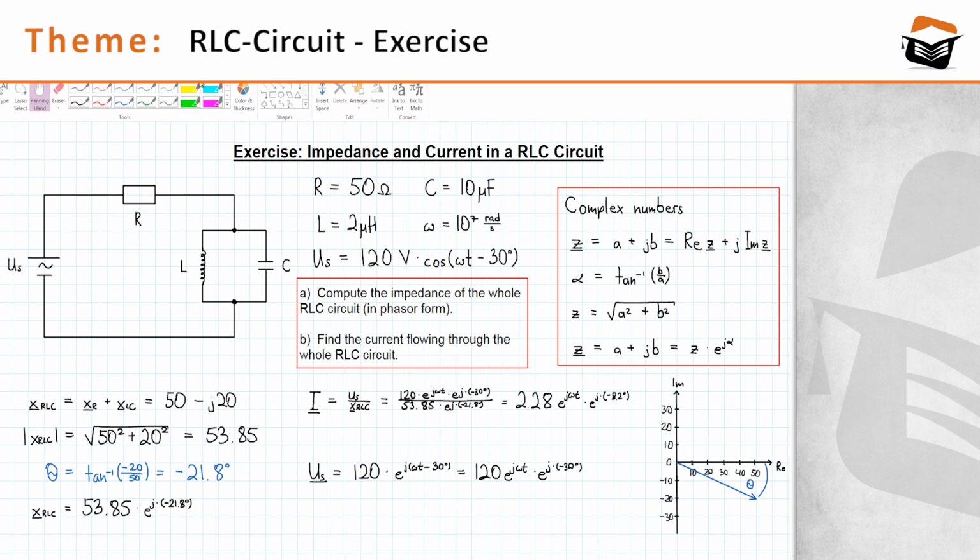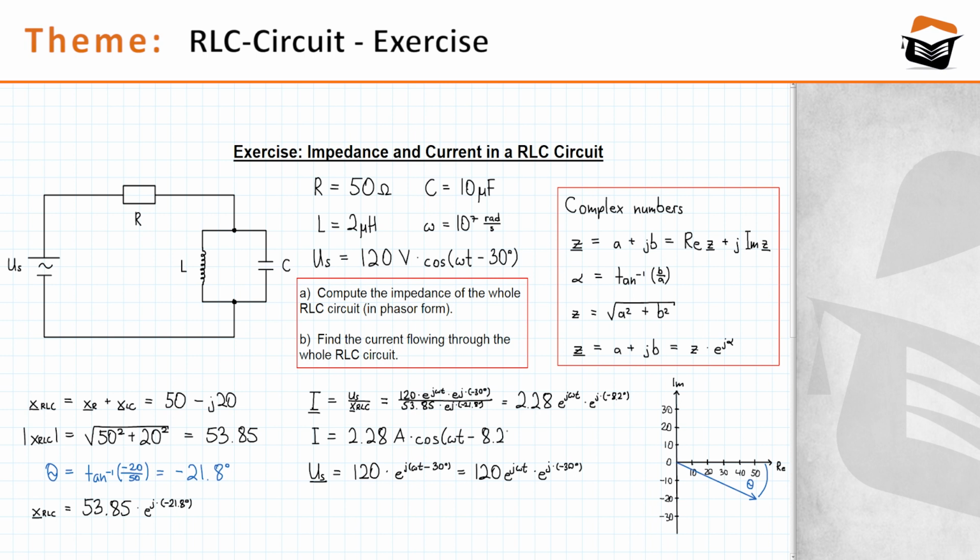And if you want to convert from the exponential form into the cosine form, we can do that right away. I is equal to 2.28 amp times cosine omega t minus 8.2 degrees.